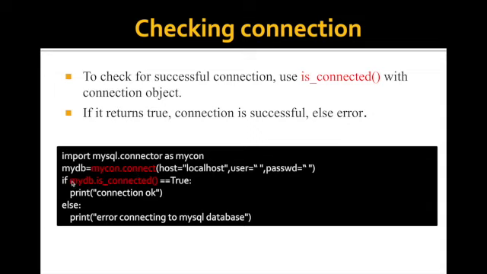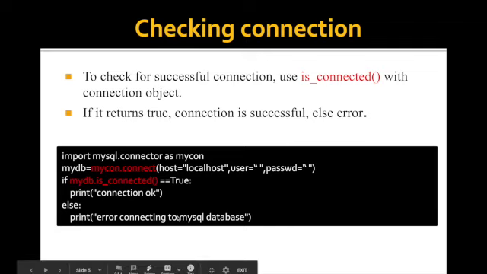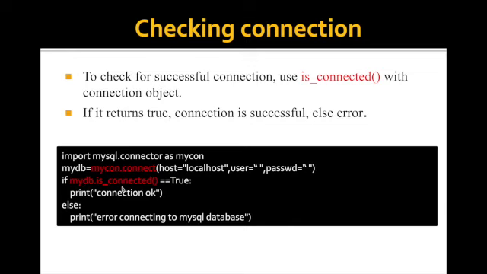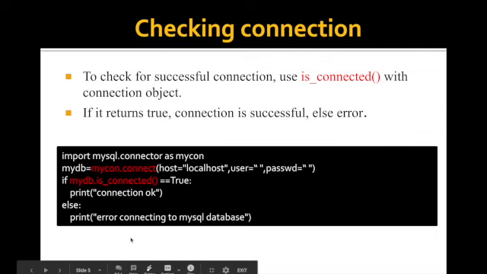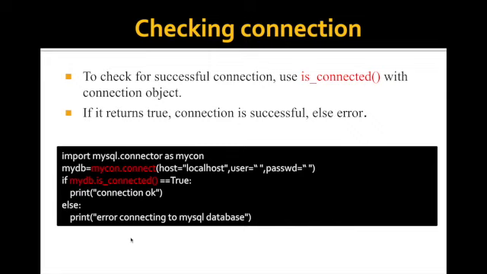You write your connection object dot is_connected. If it is true, just display the message connection is okay; otherwise, display error in connection. This value returns 1, which means it is true. If it returns any other value, that means there is an error in the SQL connection. This is how we check.